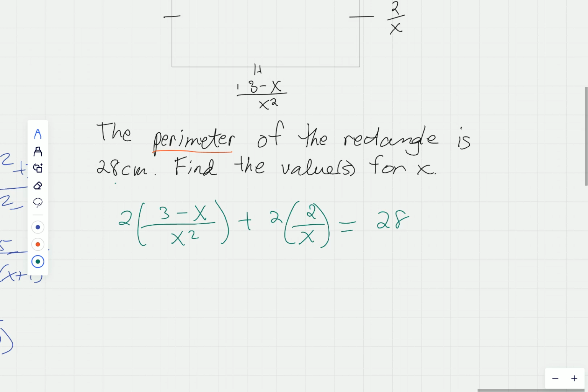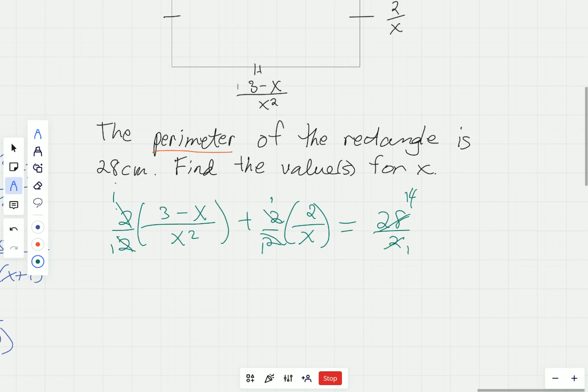First, I suggest we factor out this 2 from both sides. That eliminates the 2, and on the right-hand side, 28 divided by 2 is 14. So now we have (3 minus x) over x squared plus 2 over x equals 14.